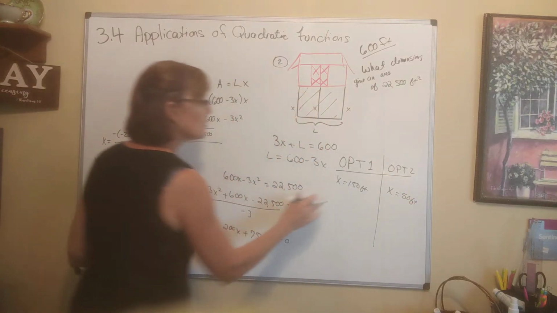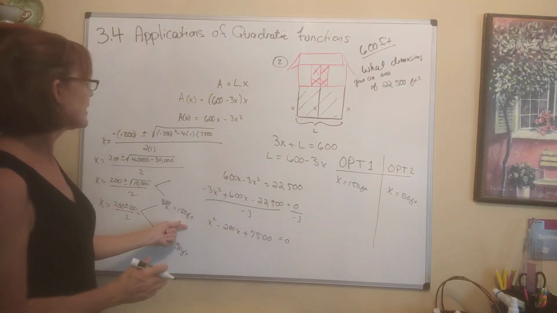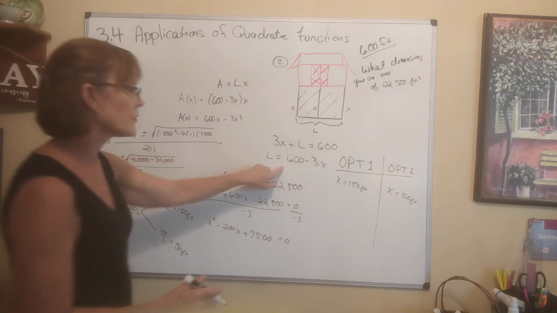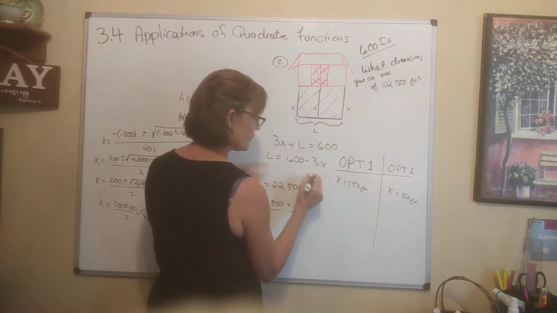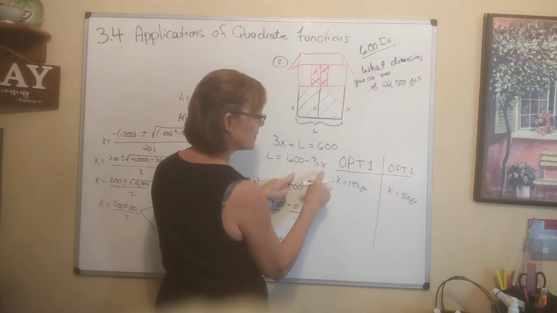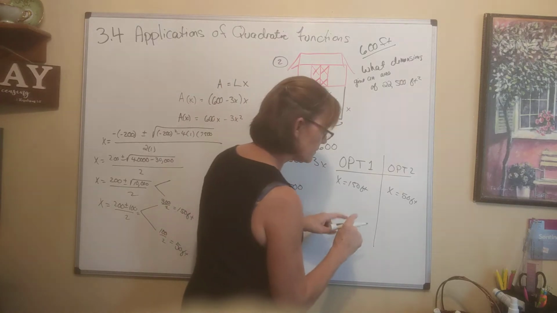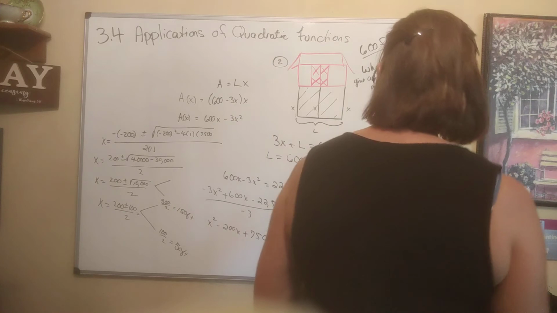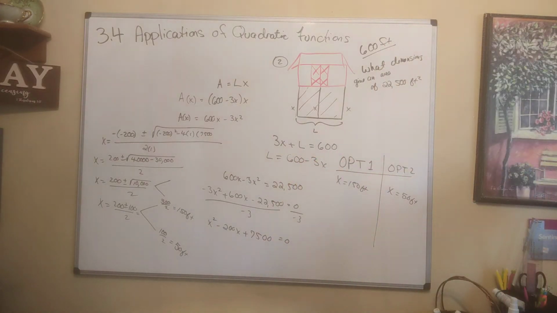If you let x be 150 feet, how you would find L is, you could solve for it. You could stick 150 in here for x and say 600 minus 3 times 150 gives me, what would that give me? Let me make sure I'm writing this down right. Oh, another 150.